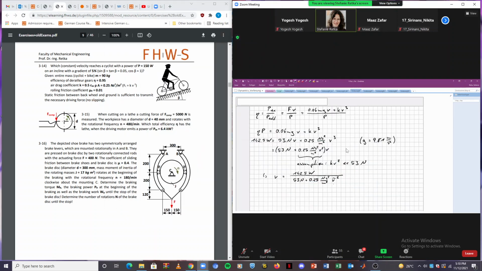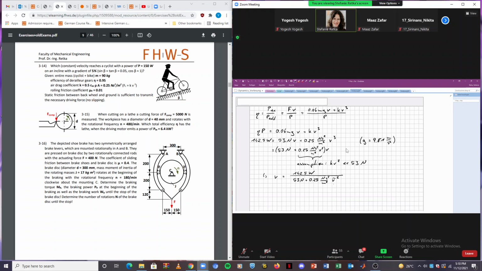Then I make an assumption, and I will obtain a velocity which does not match my assumption. But then I will use the computed velocity as my new assumption and compute a second velocity, and so on. That's an iterative process, and I can do this until I reach a velocity that is exact enough compared to my assumption.